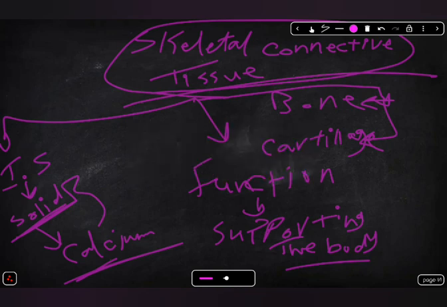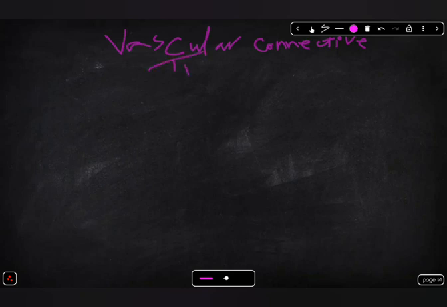And then the vascular connective tissue. The characteristics: the intercellular substance is fluid or liquid.